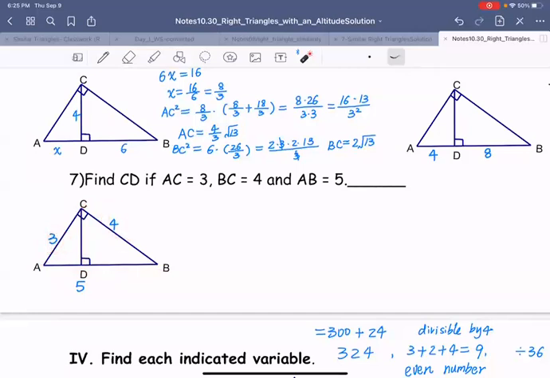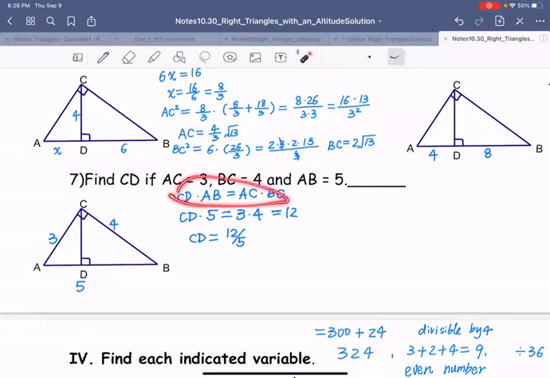Do you remember? Oh, yeah. CD times AB is 5, AC is 3, BC is 4. So CD equals 12 divided by 5.